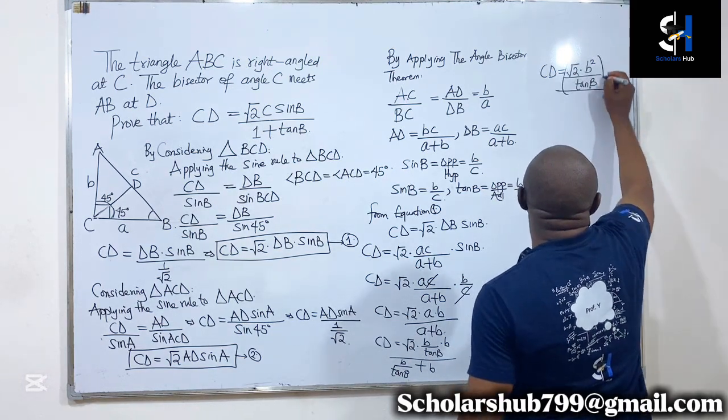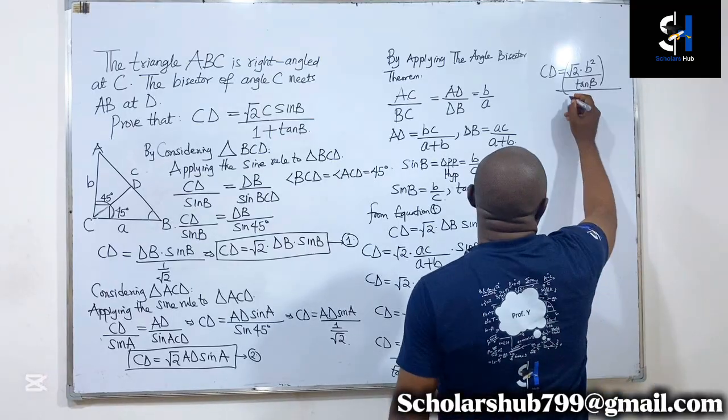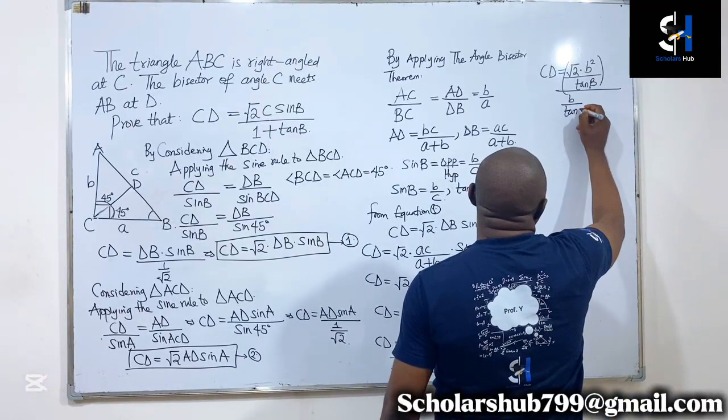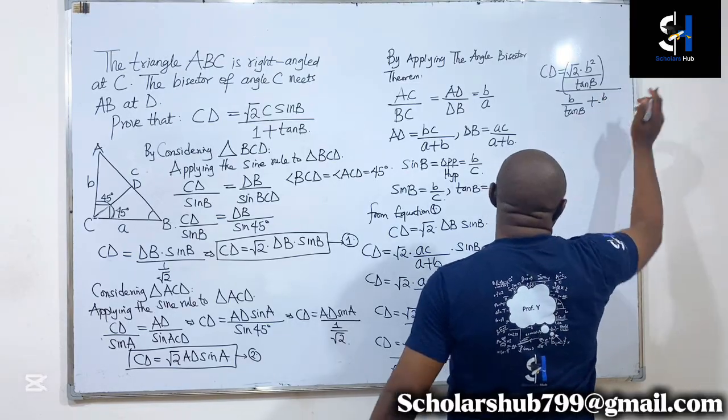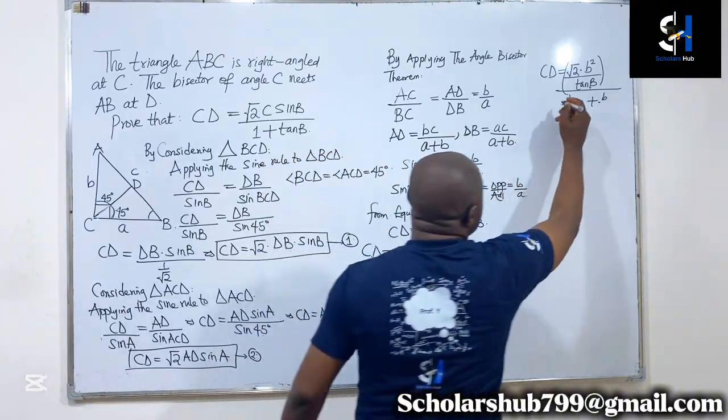Let's not forget that this will be the numerator. Then we have B over tan B plus B over 1, and this is the denominator.